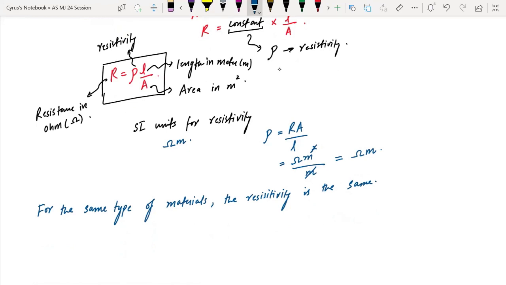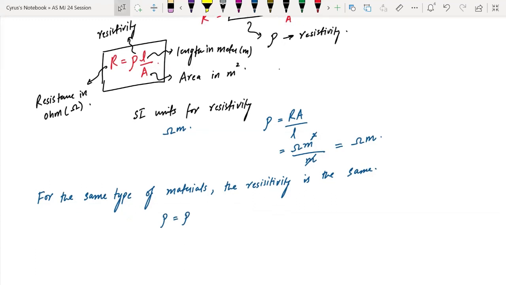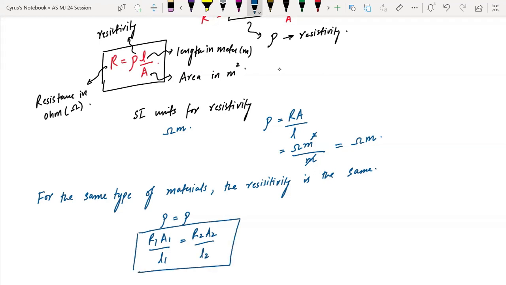For example, if you have the same material whose length is doubled, whose area is halved, what you can do is you can already write here R1 A1 over L1 is equal to R2 A2 over L2. This is a very important formula which will be used in a lot of questions.